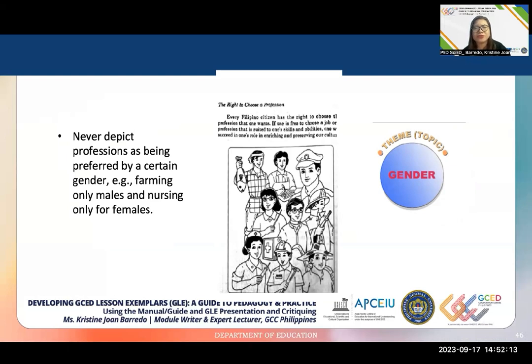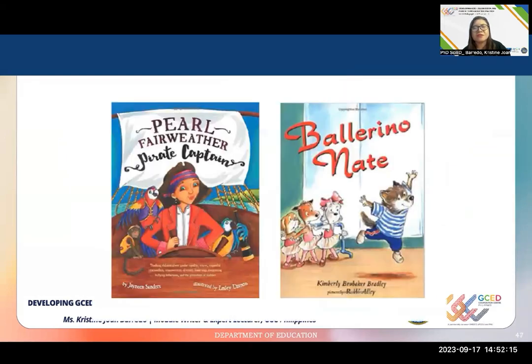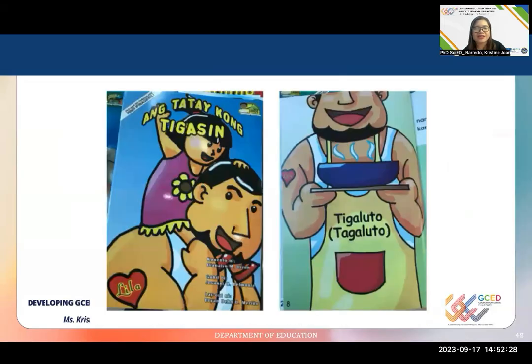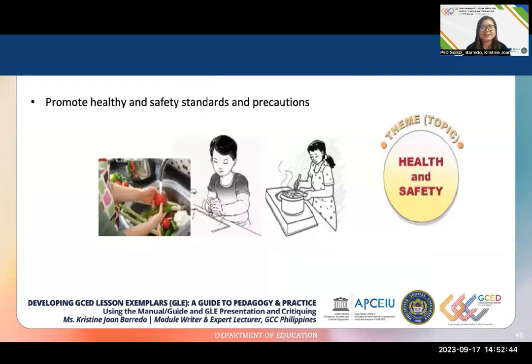So, it's a no-no po. So, ito, okay ito. Pwedeng maging pirate captain ang isang babae at pwede ring maging balerino ang isang lalaki. Ang tatay kong tagaluto. So, hindi lang lagi ang nanay ang nasa loob ng bahay. Pwede rin ang ating mga tatay.